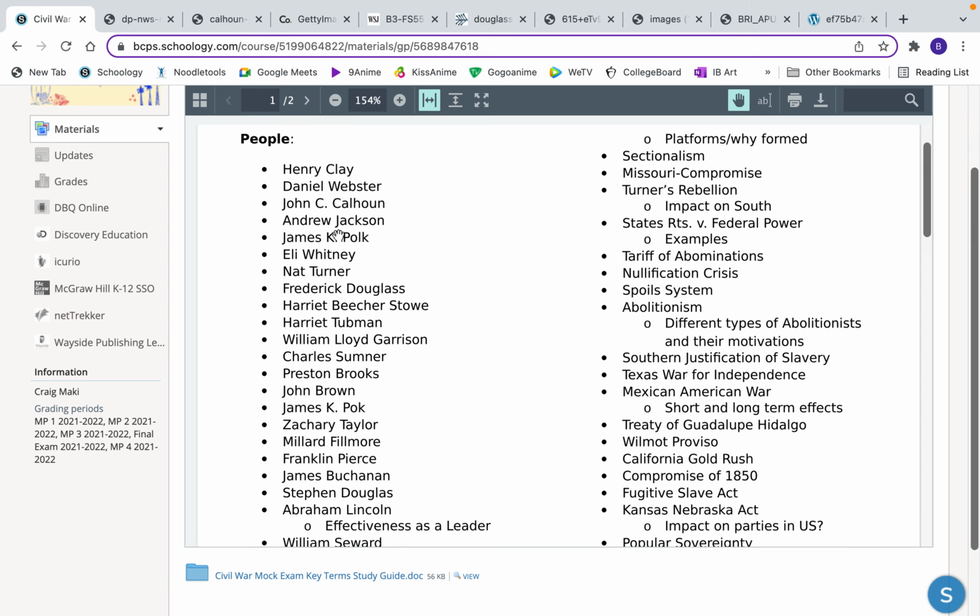So then we move on to Turner's Rebellion, which I don't have any real strong information on, other than I believe that was the guy.